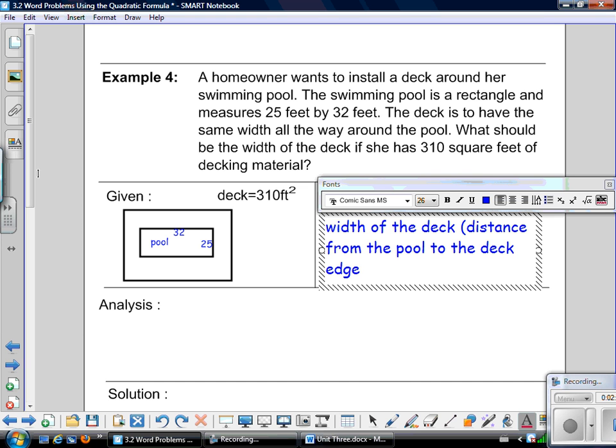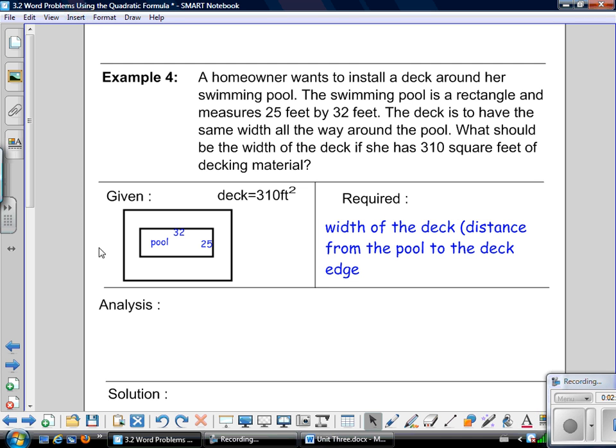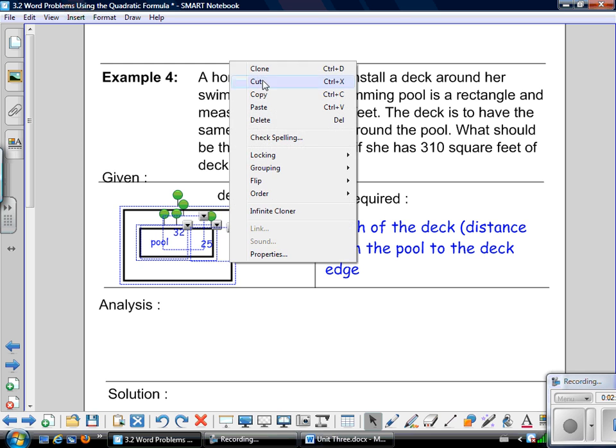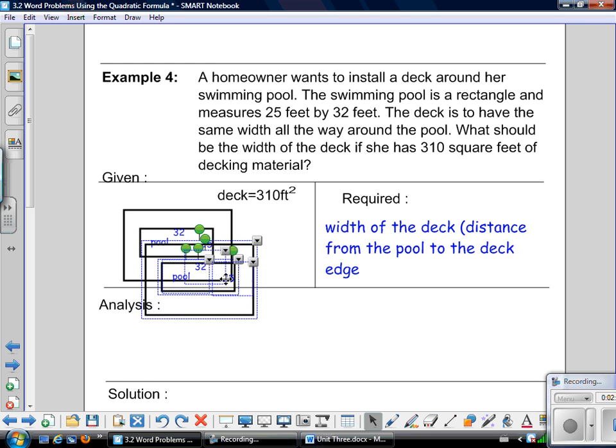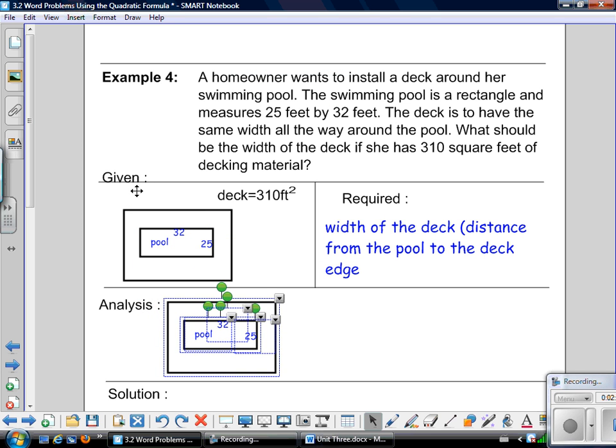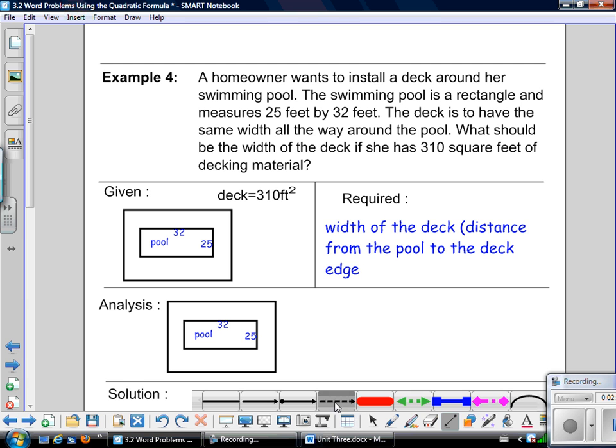So let's look at our analysis here. We're going to actually take our shape to do this analysis. So we're going to take this, and hopefully I can just clone it and bring it down here. So I'm bringing it down here, and what we know is this distance that's going all the way around, I'm going to put it here.